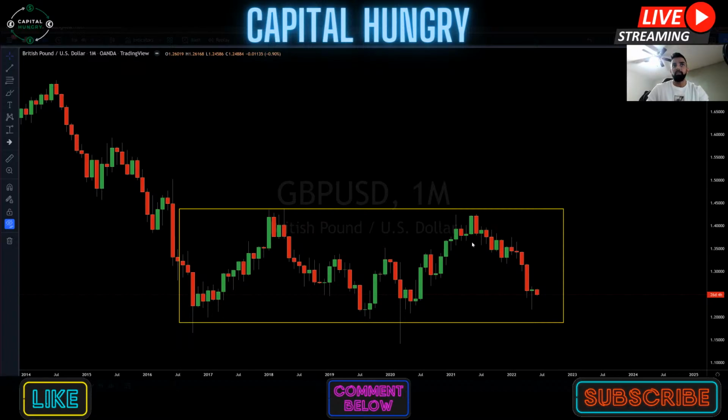Even when you're looking at the repetition that occurs within this range, it's very similar, in inverse, to the dollar.